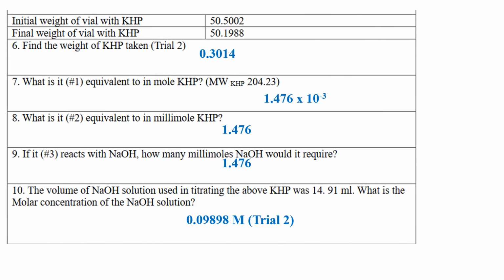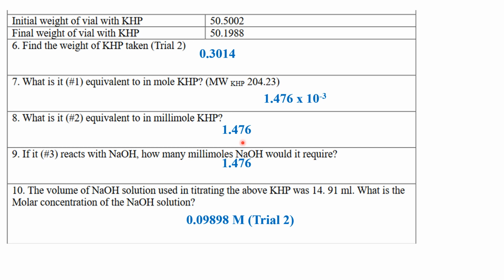Again, you were given another set of data. Okay, initial weight and final weight. Doing the same procedure, you should be able to obtain this for the weight of KHP taken. This will be second trial. Convert this to moles of KHP and millimoles of KHP, and then compute what will be the millimoles of sodium hydroxide that is required to react with this. 1:1 sila.